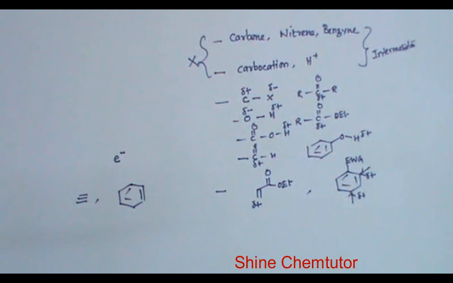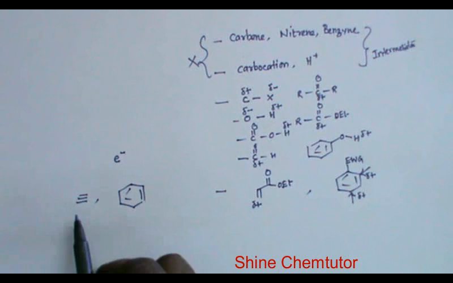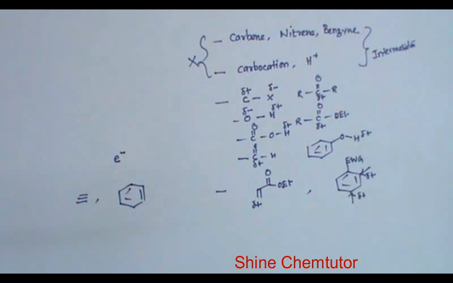If it is a strong nucleophile, we cannot add. This alkyne and aromatic ring, they are weak. So we can add single electron to them because their nucleophilicity is very less. And you cannot add to carbanion or alkoxide. But you can add electron to alkyne and aromatic ring.